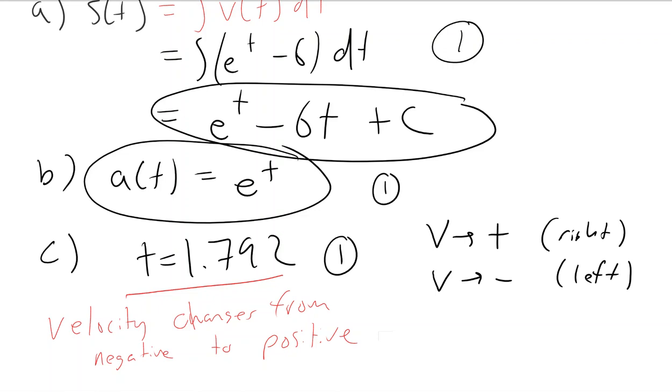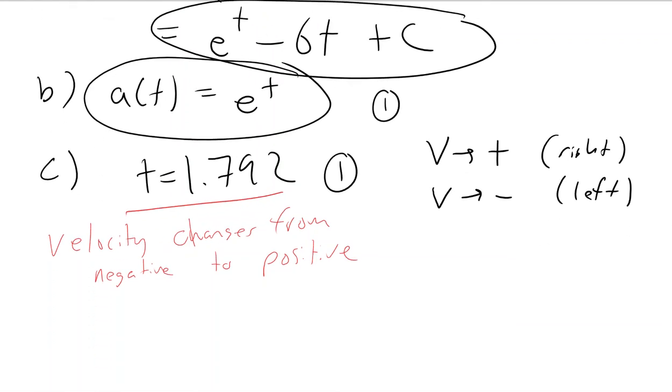No one else knows what you graphed. You don't have to say the velocity graph. Just say velocity changes from negative to positive. It was going left, and then it's going right. So probably a point for that too. Okay? So you have to have that, because it just asks when, not how.